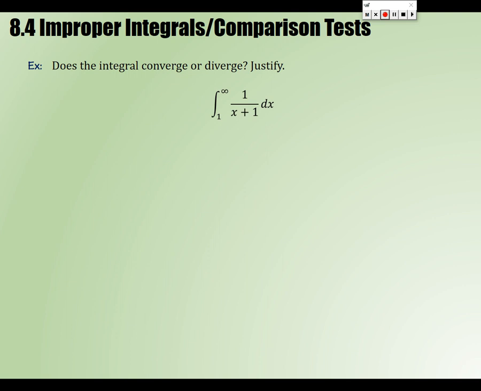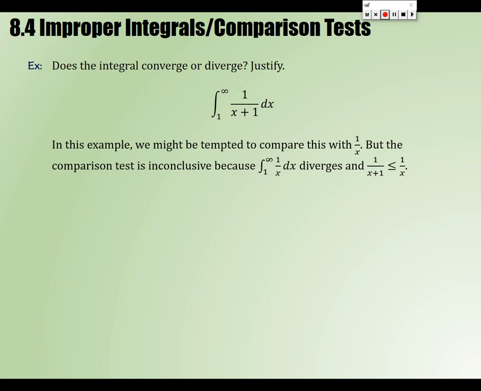So we now have to introduce another kind of comparison test, maybe to bring slightly more strength to our lives in terms of being able to make a conclusion about this. So I've just written what the problem is that Shivani highlighted up here, right? We really feel like this diverges, but the direct comparison test we've just been doing, at least if we use 1 over x, doesn't seem to work.